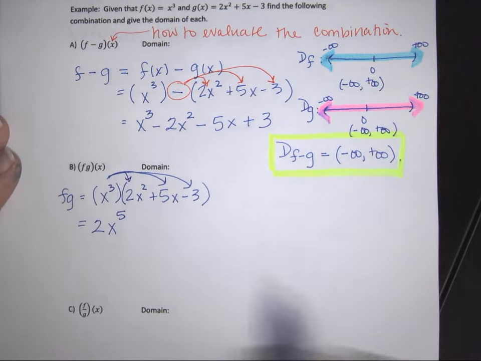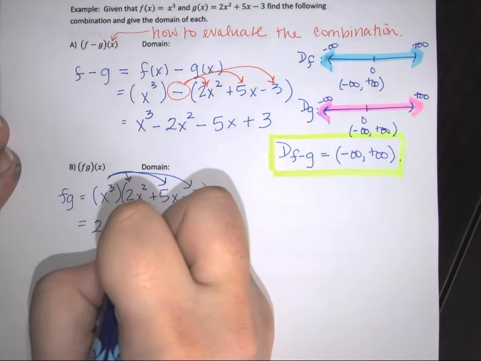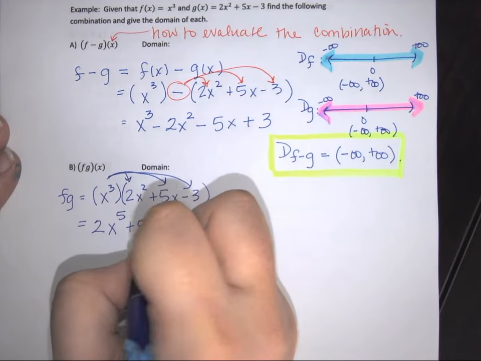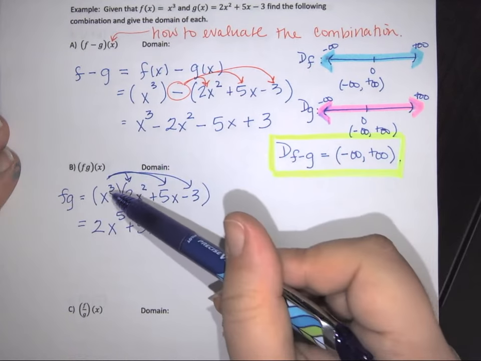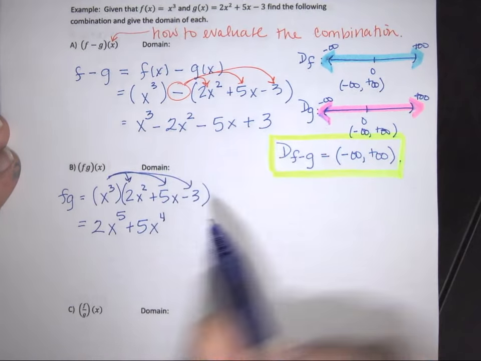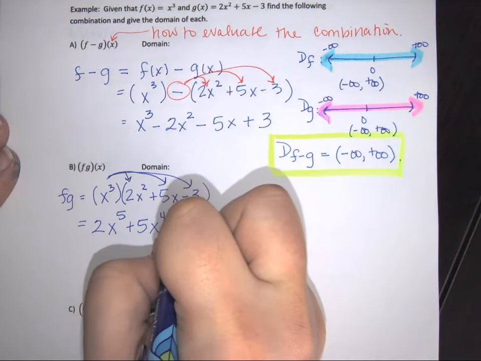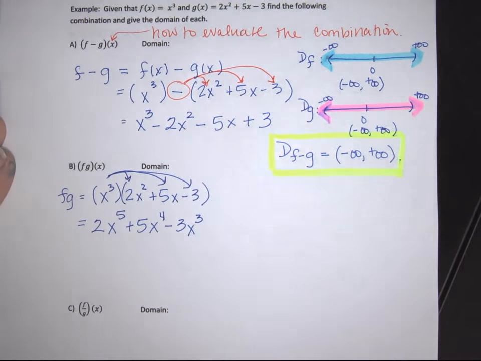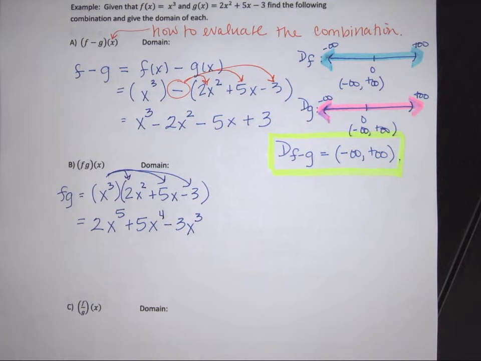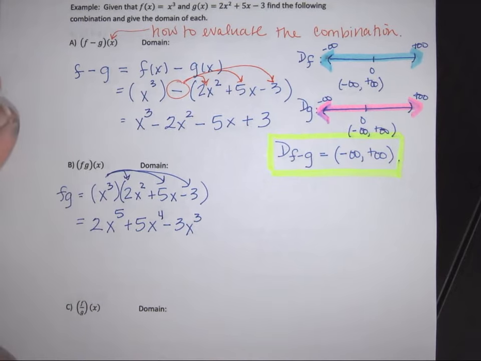Now I have x cubed times a 5x, so this is going to be a 5 out in front. My x is still the variable, and 3 plus 1 gives me 4. Then I have x cubed times a negative 3, so this is negative 3x cubed. And therefore, I have successfully multiplied my equations together. Since I am evaluating here by x, there is nothing else to do.